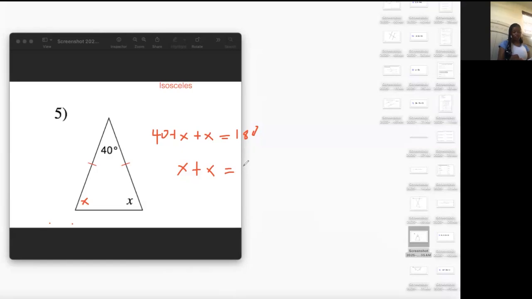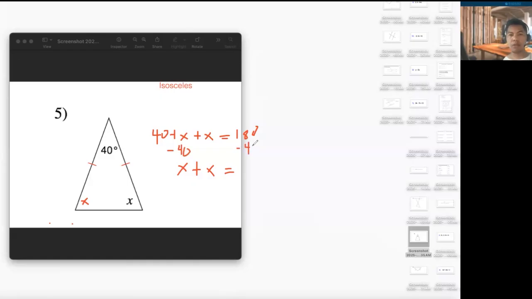If we subtract 40 from both sides, that's gonna be 140, right? Yes. Okay, so therefore, these two x's are 140.